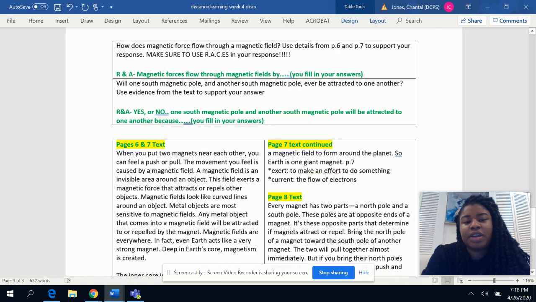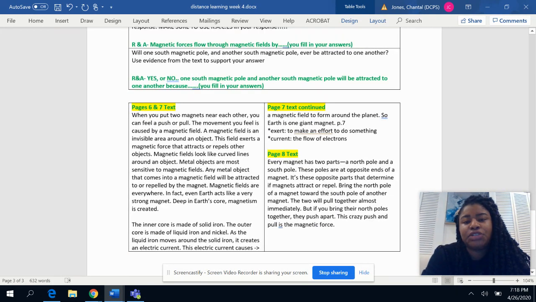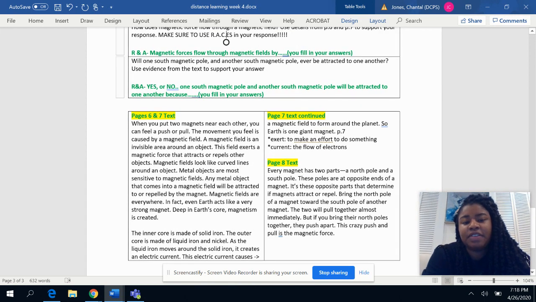I put the text right here in these nice little boxes for you. So you can literally read pages 6 and 7, and it continues over here. And then you can actually read page 8 for the second question. So there's no excuse. I should see R and A, and I should see you citing evidence word for word.